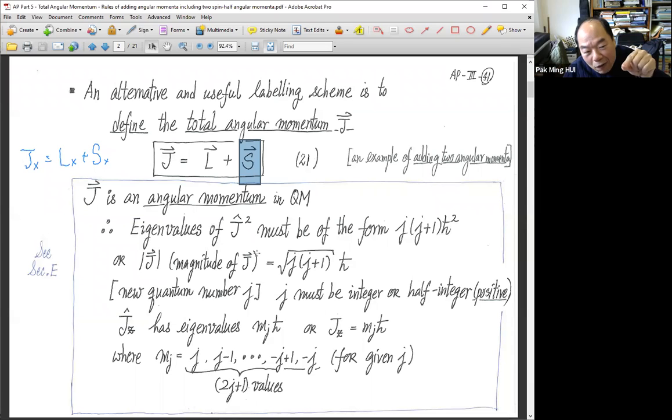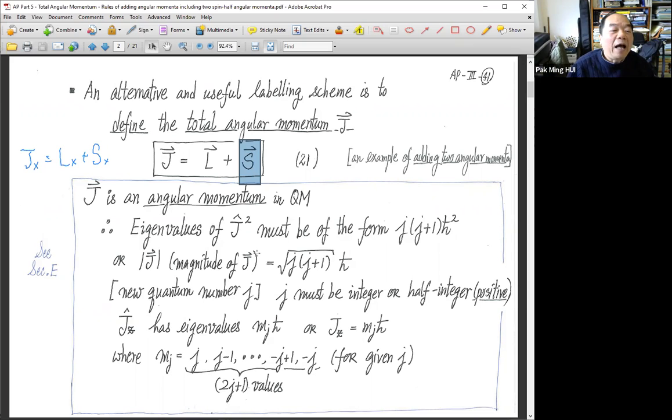Therefore, Lx and Sx commute between themselves, or everything about L and everything about S commute between themselves. All right. So it is easy to prove that Jx, Jy, Jz also obey the same commutation relations.